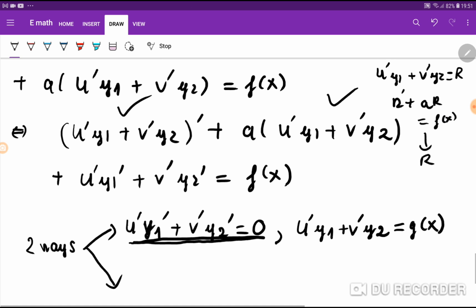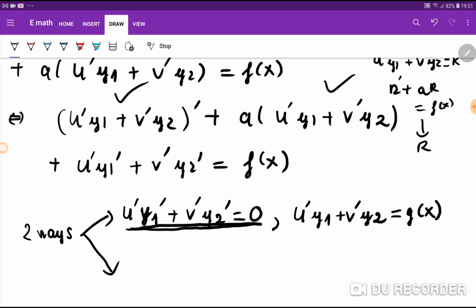Or the second way is they set u prime y1 plus v prime y2 equals 0. Then let's say this is equation 4, I believe. We haven't, oh, I think it's 5. Okay, equation 5.